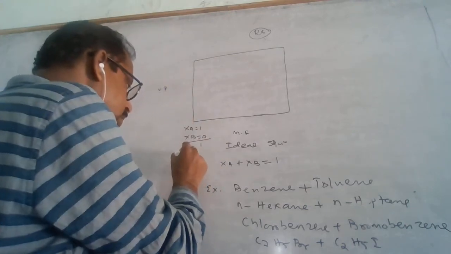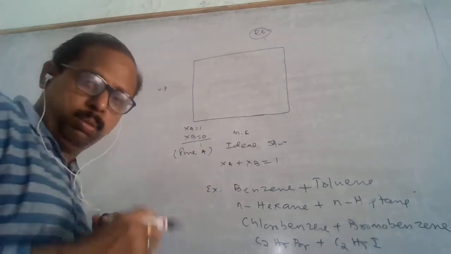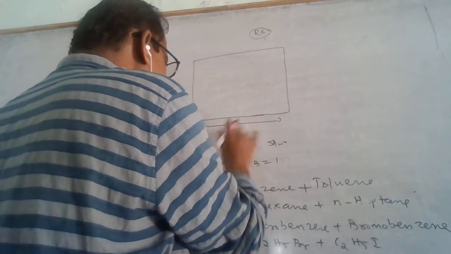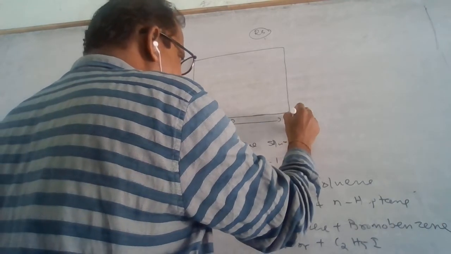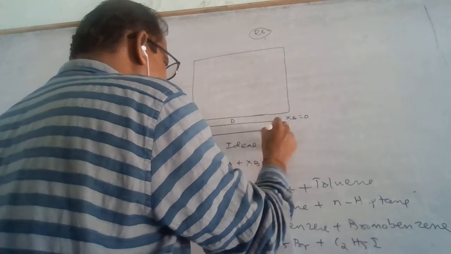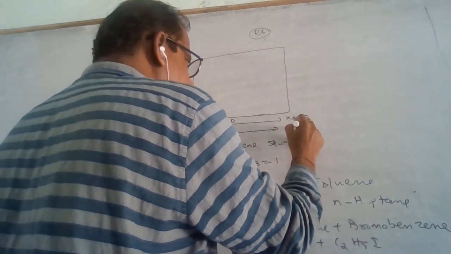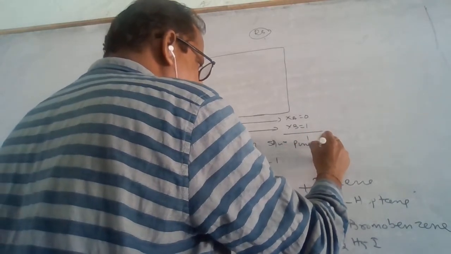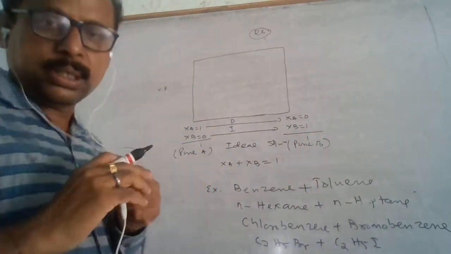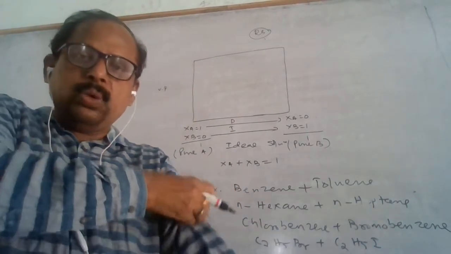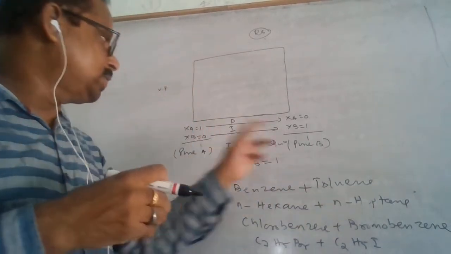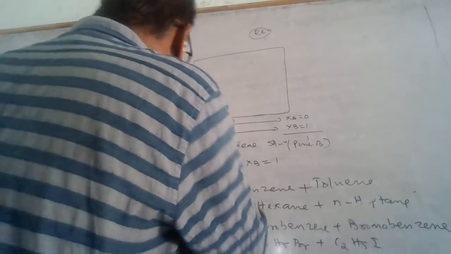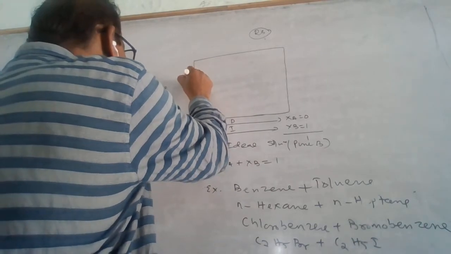So that is the state of pure A. XA gradually decreases and becomes 0, XB gradually increases until XB is equal to 1. So this is the state of pure B. On this side pure A is present, but on the other side pure B is present. When pure A is present, the vapor pressure is called PA0.